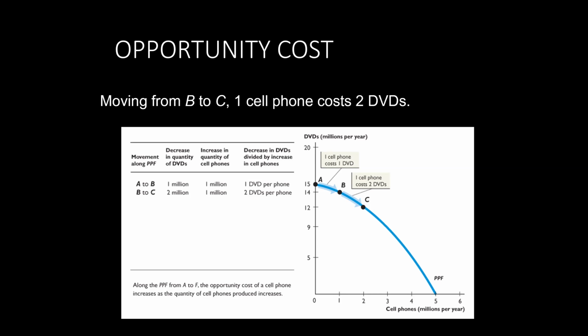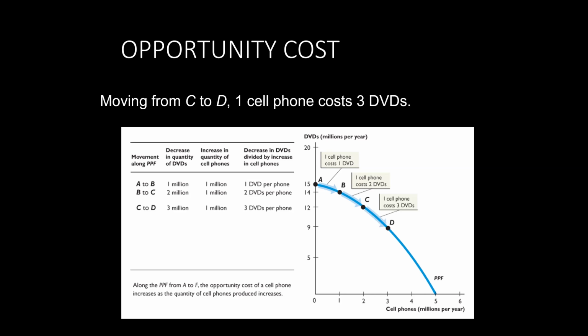And if we move from point C to point D, we get 1 million additional cell phones, and now we have to forego 3 million DVDs.